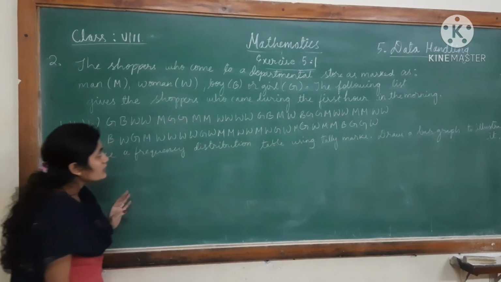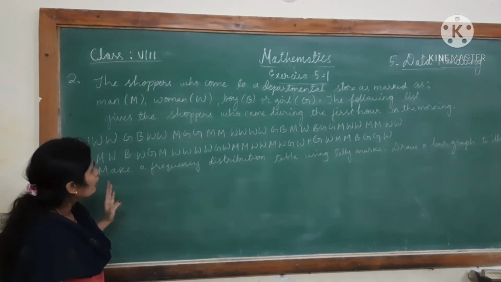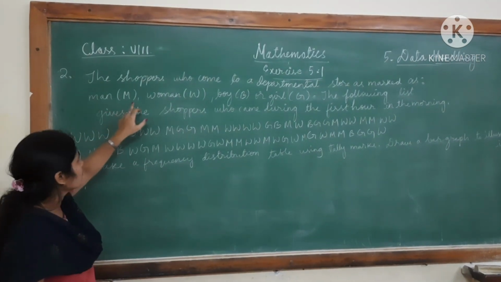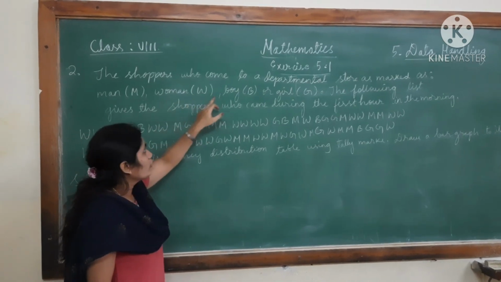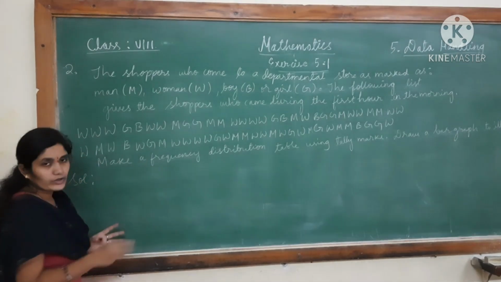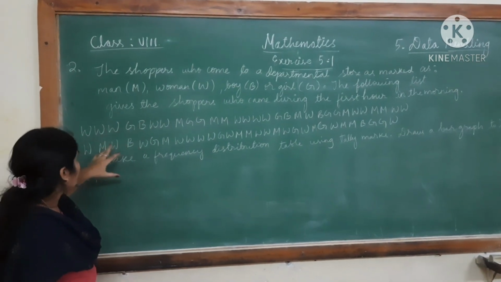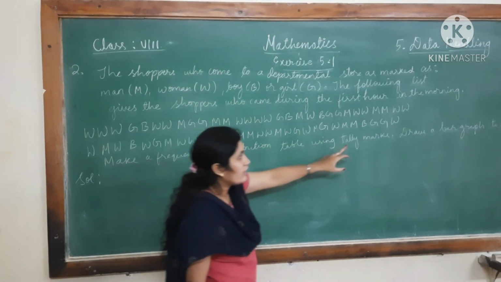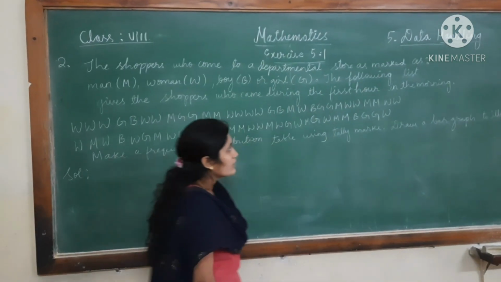In this list there are man, woman, boy and girl, so each and every person is identified with a different symbol: M for man, W for woman, B for boy and G for girl. In the first hour, who all came, we are going to mark that. Make a frequency distribution table using this data with tally marks, and then draw a bar graph to illustrate this.